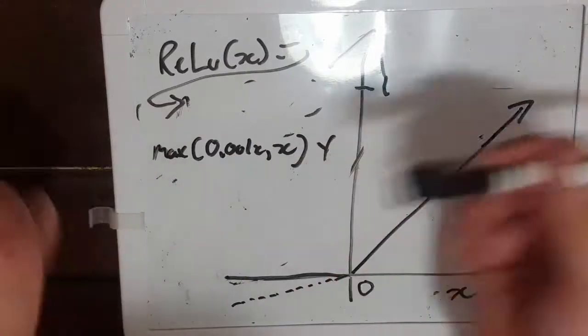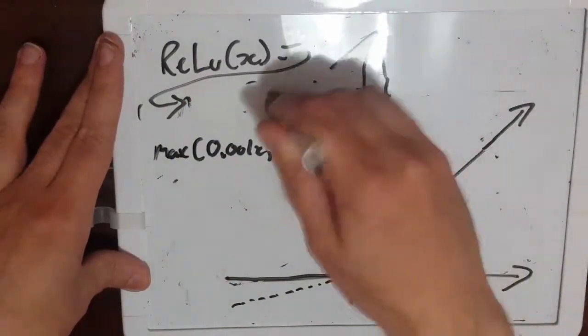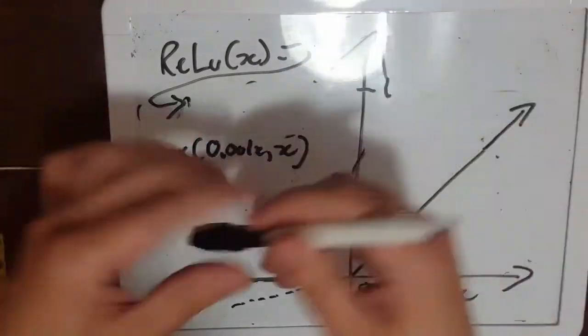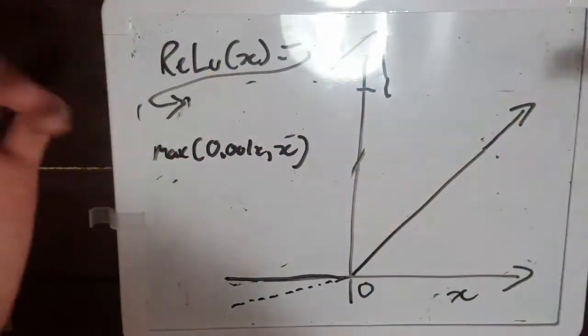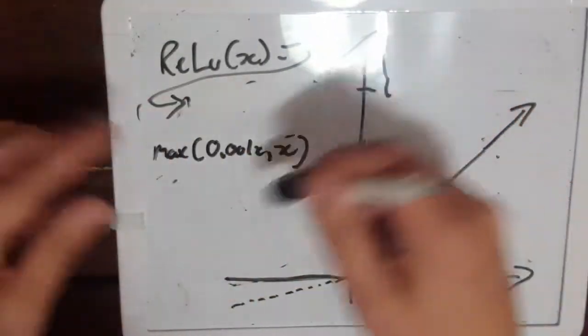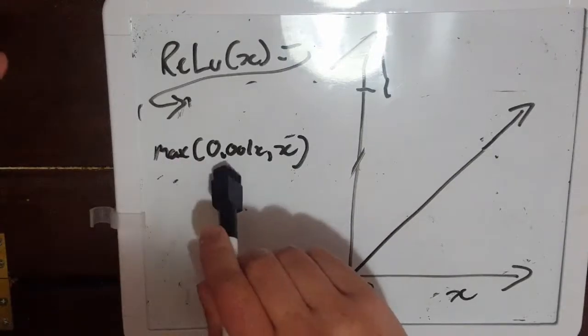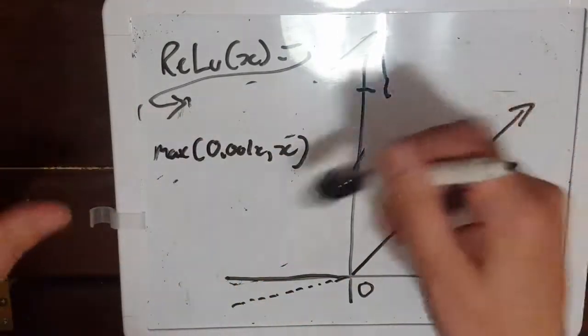And this number you choose is a hyperparameter, so you choose it yourself. It doesn't have to be this number, it can be any size. Just make sure it's less than 1, or else it'll affect this one. And then worst case scenario would be a very small derivative when we're going back.